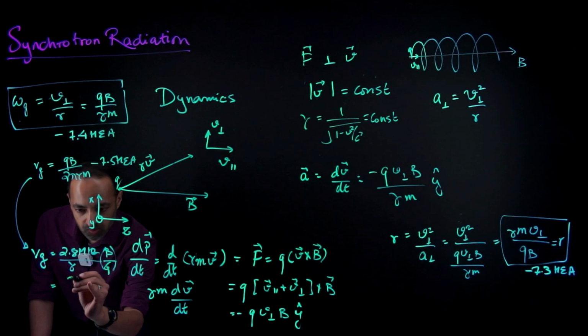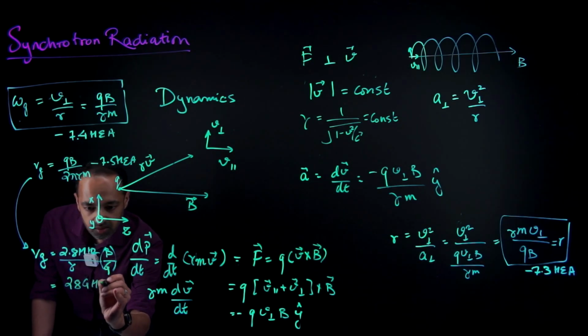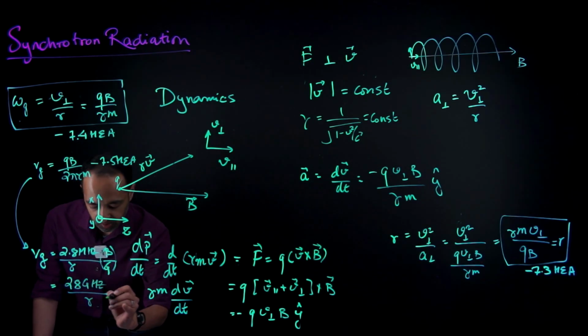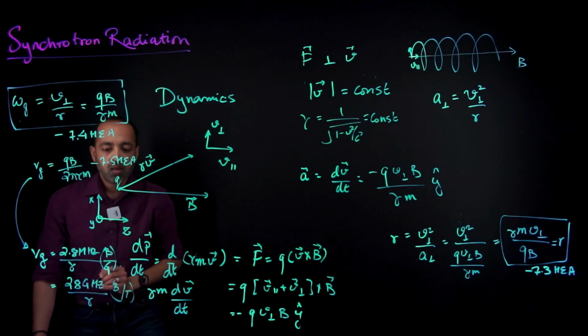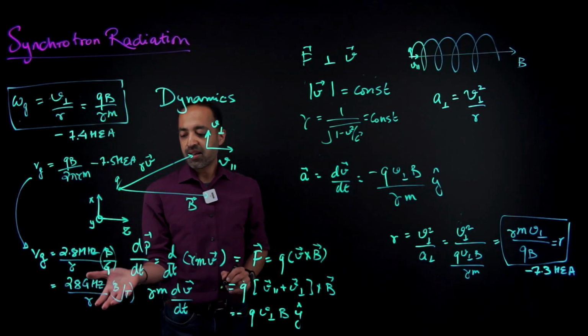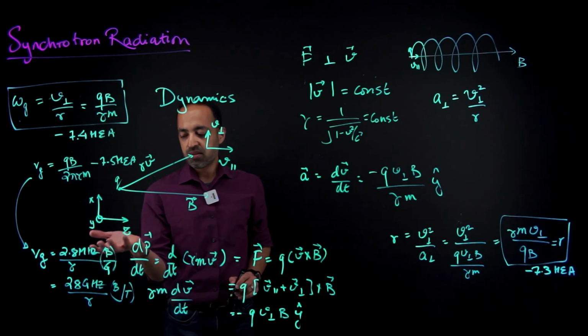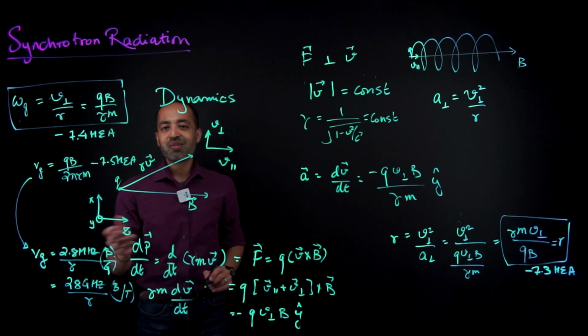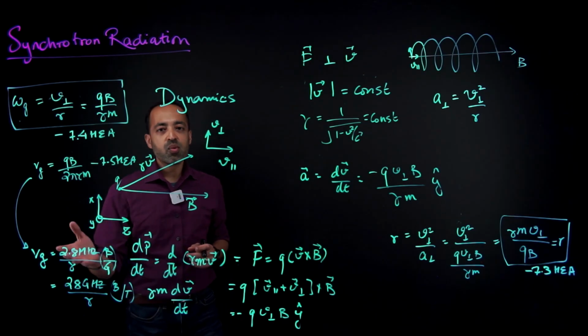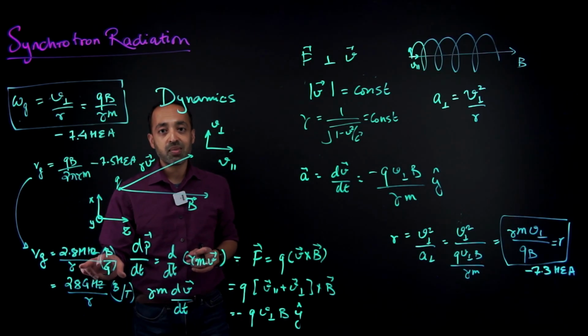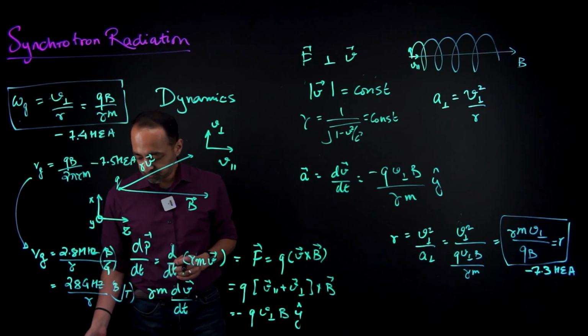Or it is 28 gigahertz divided by gamma for the magnetic field in units of Tesla. So if you know the magnetic field, like the Earth's magnetic field at some number of Gauss, you can put that in and figure out for a typical electron running around in that region of space, what is its characteristic radiation frequency? Of course, it depends on the speed, the Lorentz factor of the particle.